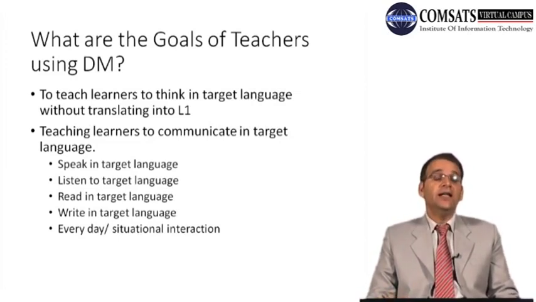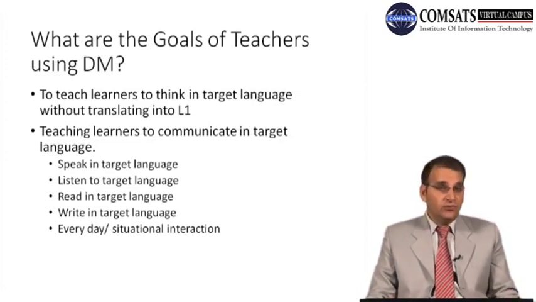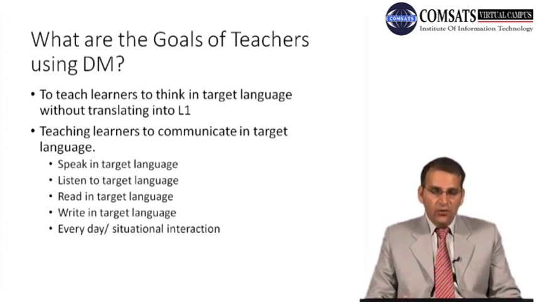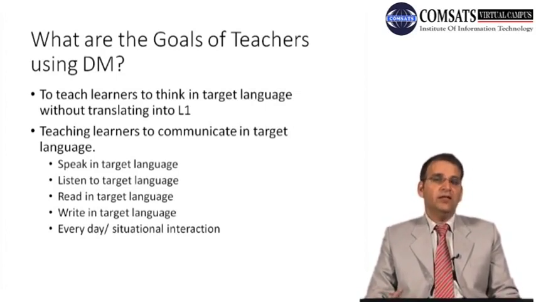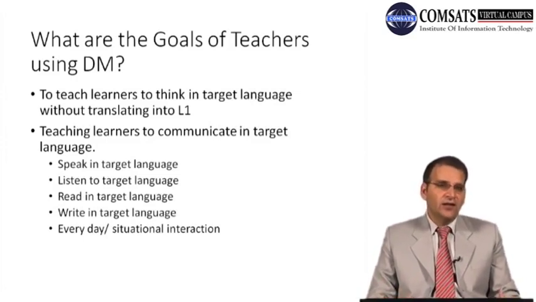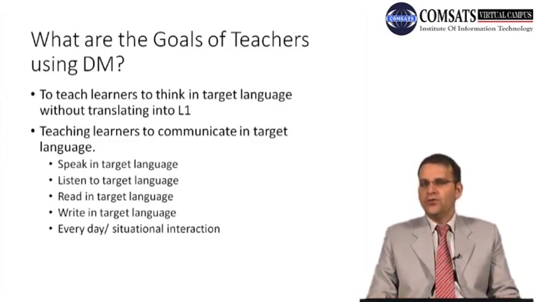And of course, a native speaker, for example, or a student who has learned this language through the direct method, will be fluent, right? He will not be in the process of translating, or thinking and translating from one language to another. So when you start thinking in the target language, you become more fluent.